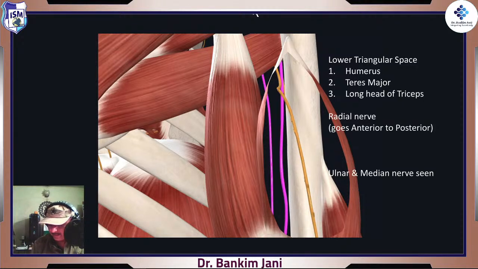In fact, they are anterior, but just because they are coming into picture, that's why we are just watching it. This is ulnar nerve and the median nerve, right? Ulnar and median. This one is the ulnar and that's the median nerve, but they are anterior, right? We are watching this from the posterior aspect.